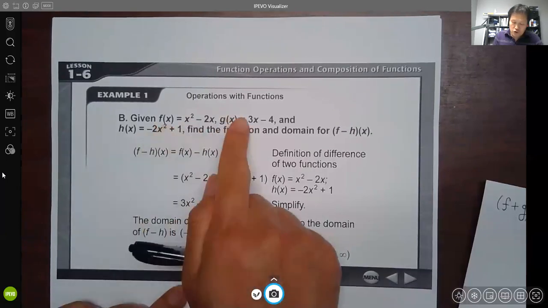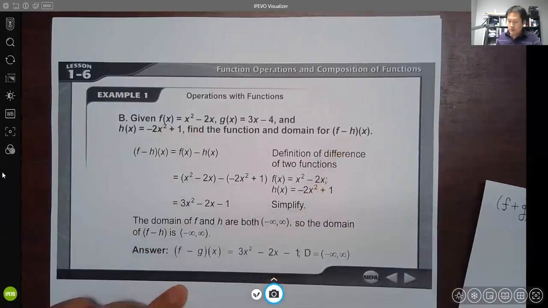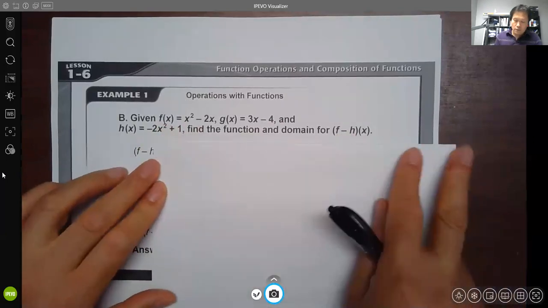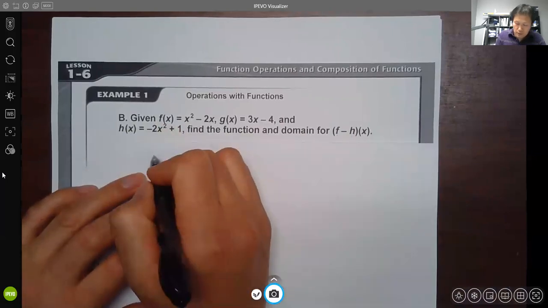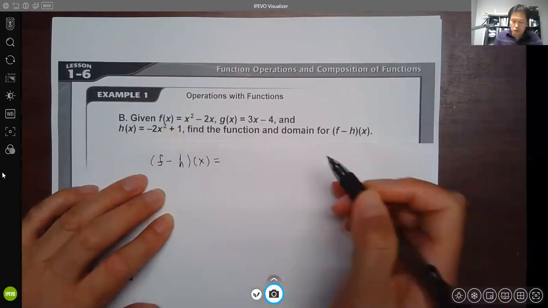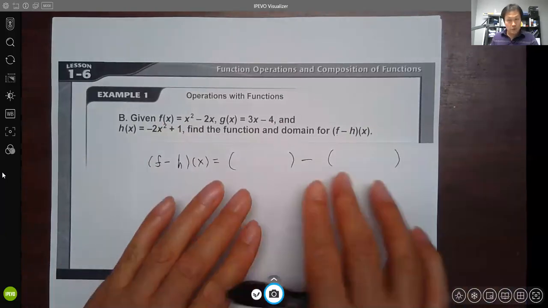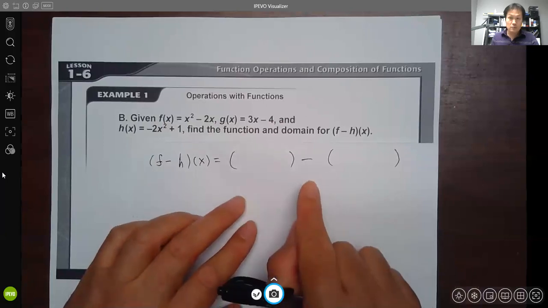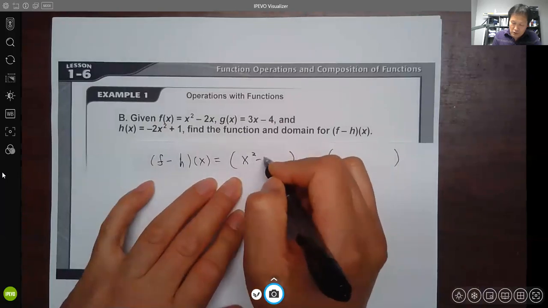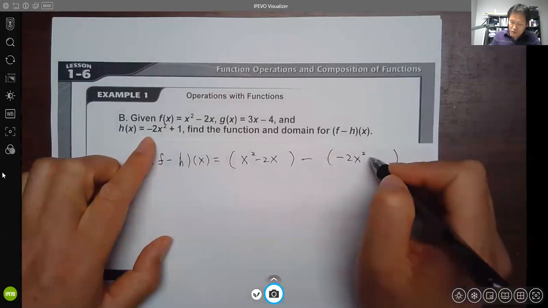Okay, so f, g, and h. Now we are looking for f minus h of x. Very similar. f minus h of x is equal to f minus h. Please set up with parentheses, especially with minus, because otherwise you might get the wrong answer. f is x squared minus 2x, minus h. h is minus 2x squared plus 1.